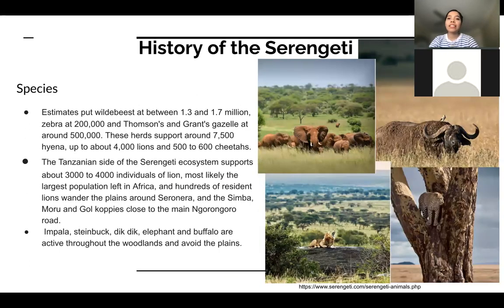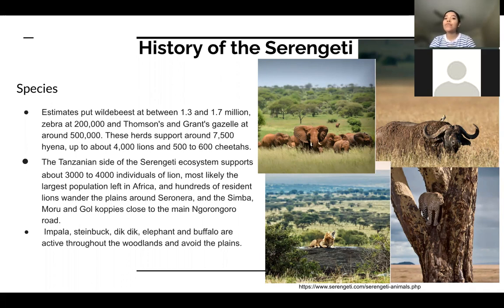Species. There are an estimated 1.3 to 1.7 million wildebeest, 200,000 zebras, and around 500,000 Thomson's and Grant's gazelles. These herds support around 7,500 hyenas, up to about 4,000 lions, and 500 to 600 cheetahs.